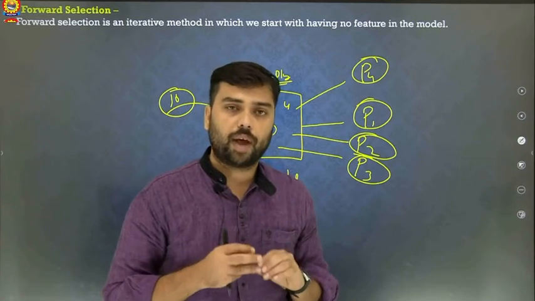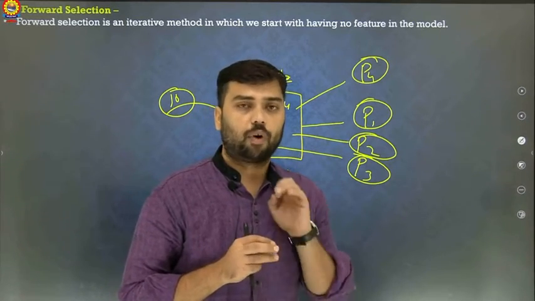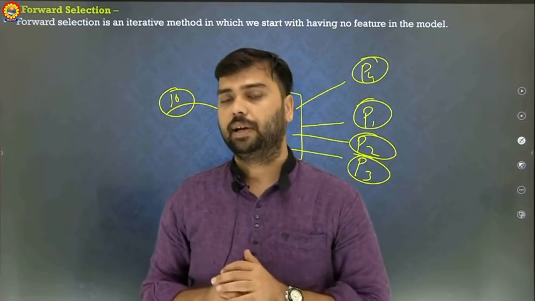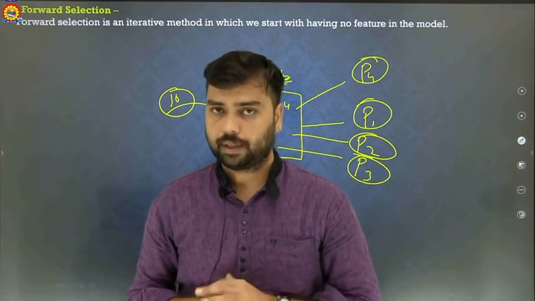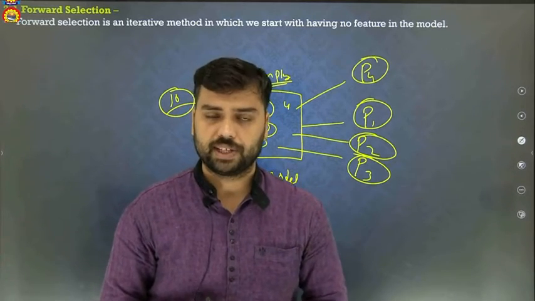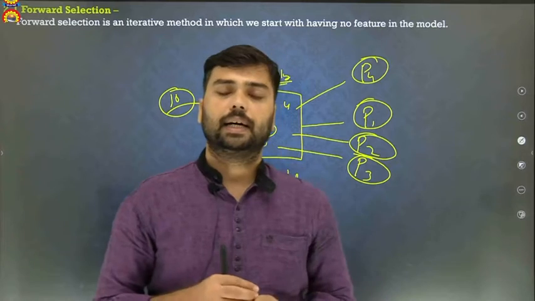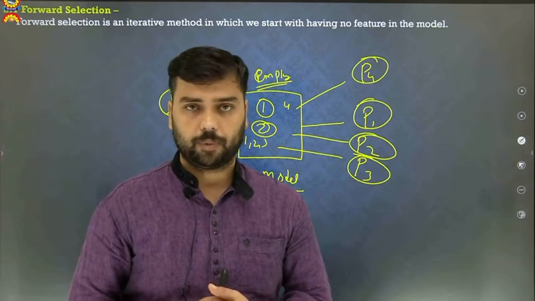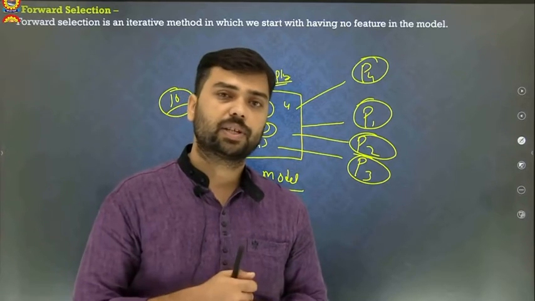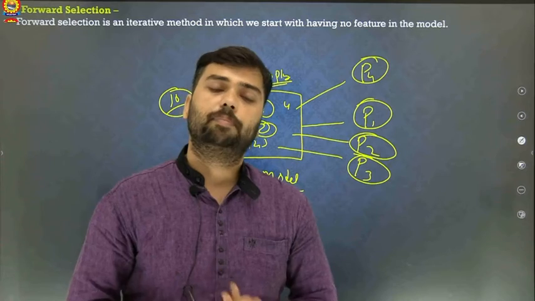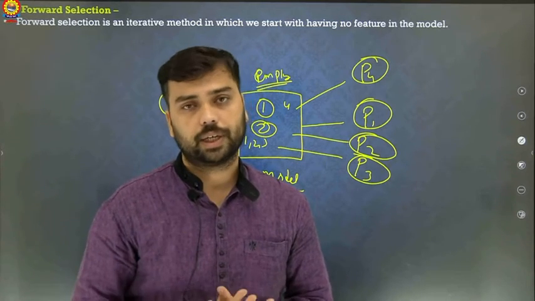So in the forward selection method, in the embedded feature selection method, we start with an empty set of features, then we apply the features to the model, and the model predicts the target value. Again we add the next feature and generate the target value, and we compare the previous target value to the newly generated target value.